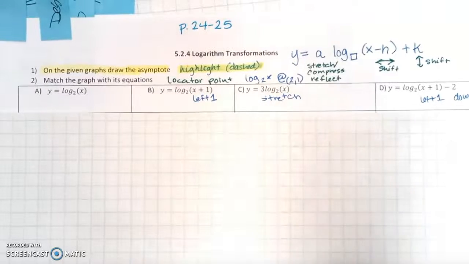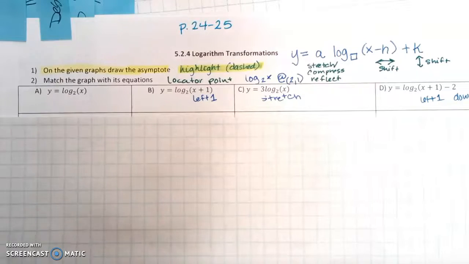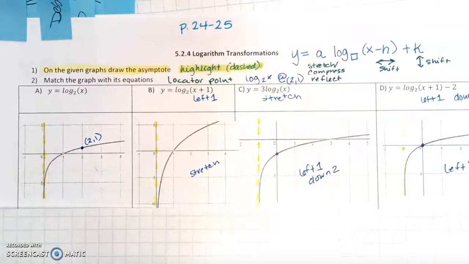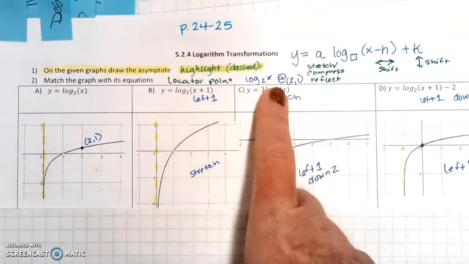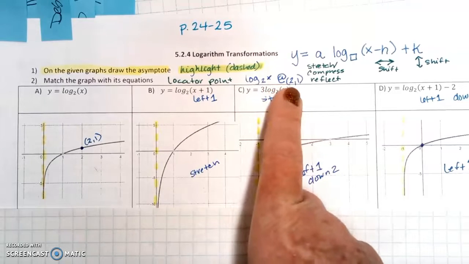But from the stretch and the shifts, you should be able to match those 4 choices, A, B, C, and D, with these 4 graphs, right? So if you have log base 2 of x, it's going to have what we call the locator point at (2, 1). Okay?